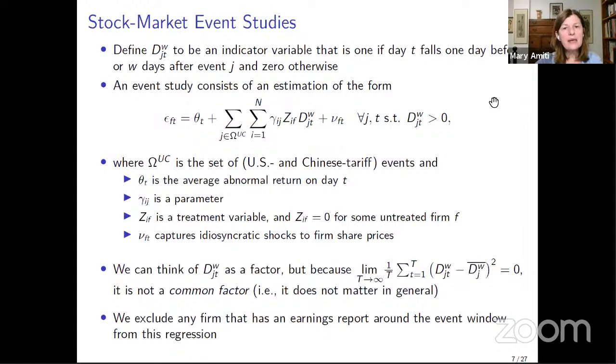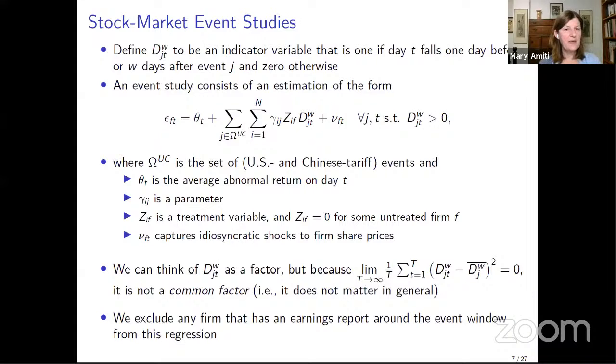And so that's the D, and then what are the Zs? Well, the Zs are the treatment. This structure is similar to a factor model, but the Zs are not going to be estimated. We're going to say we know which firms are treated.